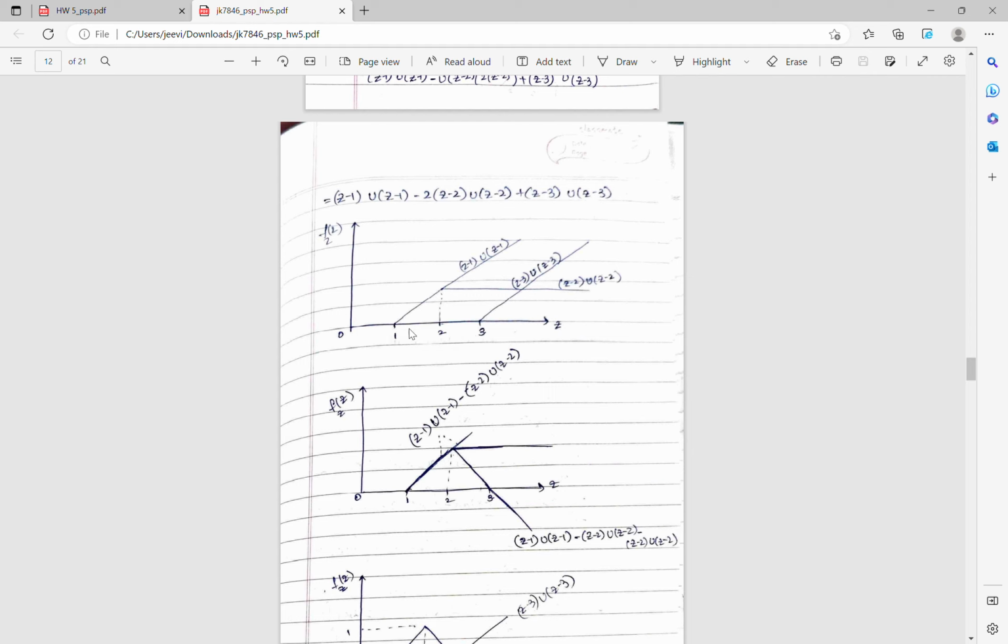At the value of z equal to 1, the line will be an incrementing line, and similarly when z is equal to 3, the line will be an increasing graph. This equation will be z minus 1 into u of z minus 1, this will be z minus 3 into u of z minus 3, and this line equation will be z minus 2 into u of z minus 2.